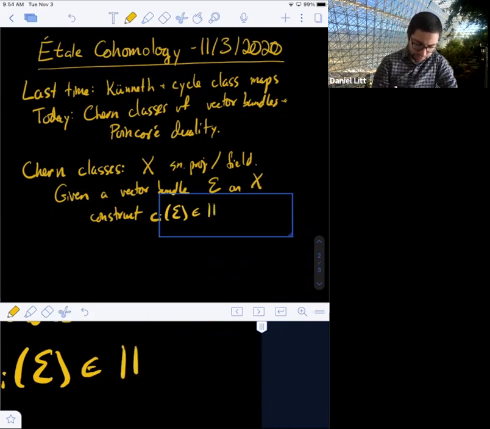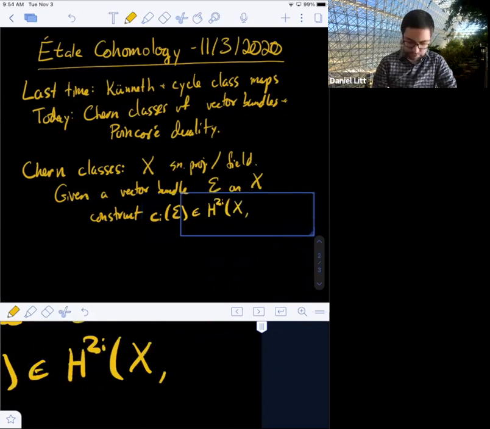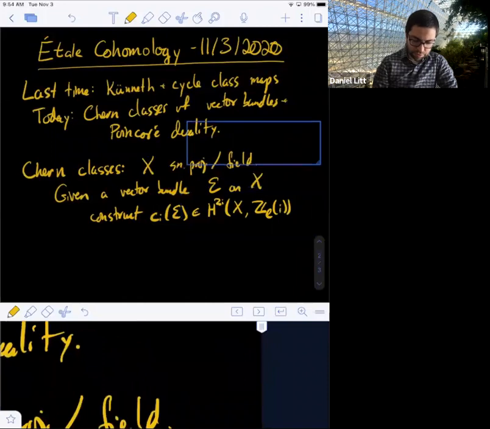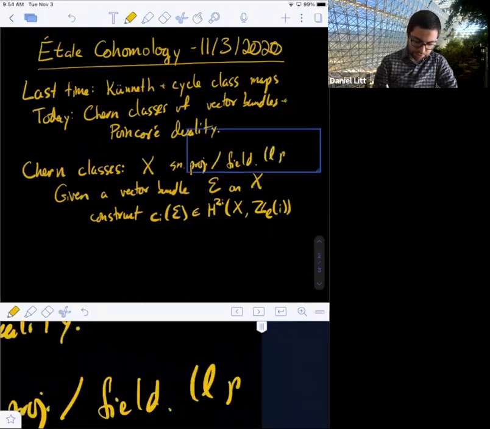So they live in H^{2i} of X with coefficients in Z_l(i). And here, as usual, l is prime to the characteristic of K.